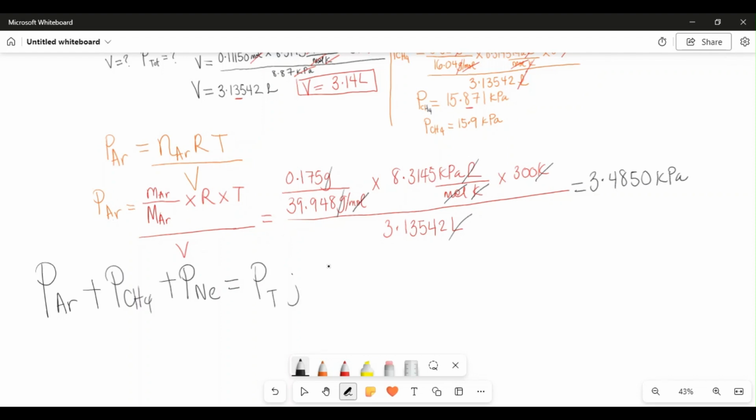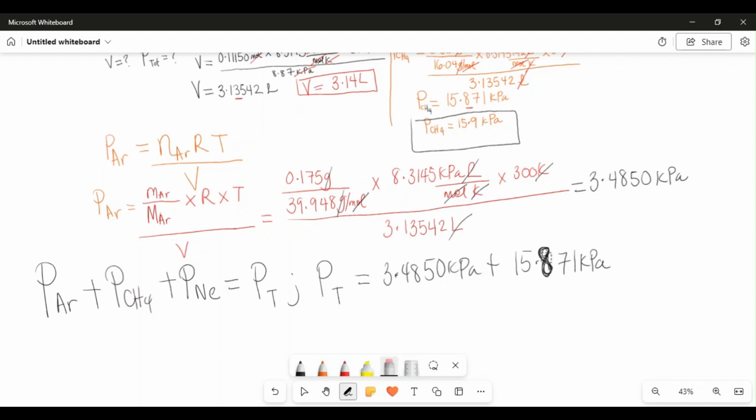So the total pressure is 3.4850 kilopascal plus the pressure of CH4, 15.871 kilopascal, because it's wise to always use the unapproximated version before doing your calculations. You can only use the estimate at the end, so you don't end up making mistakes in your work.